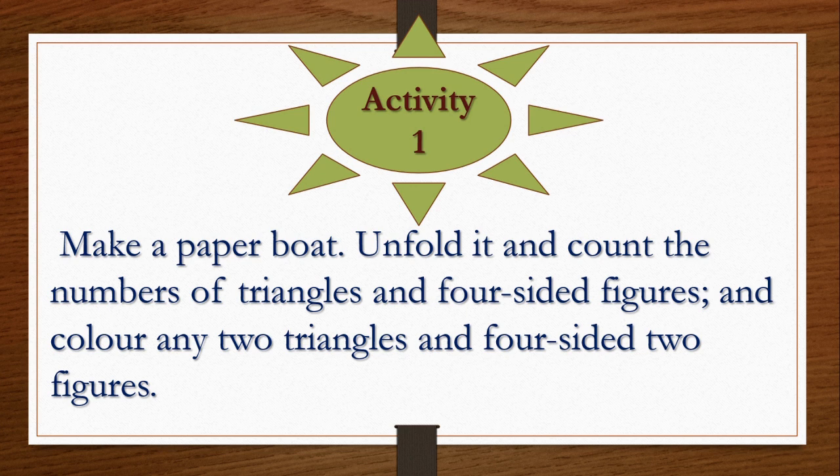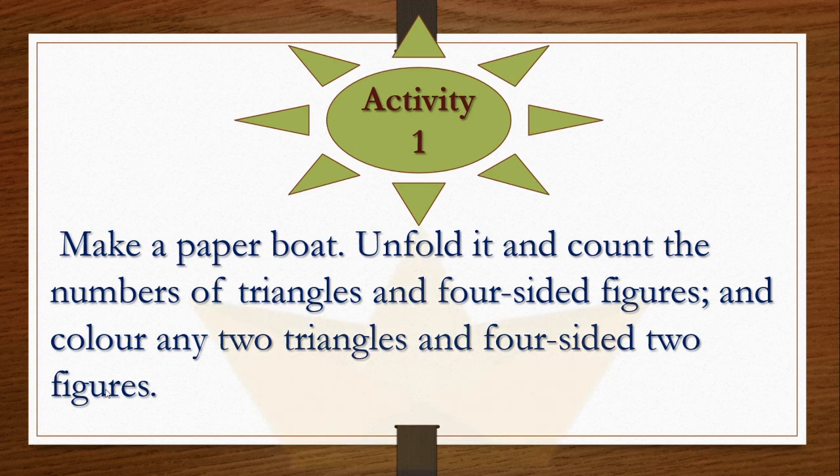After making, again you have to unfold it, open it, and count the number of triangles. Triangles means 3-sided closed figures. Correct? And four-sided figures, that is rectangle or square. Okay, and color any two triangles and two four-sided figures.